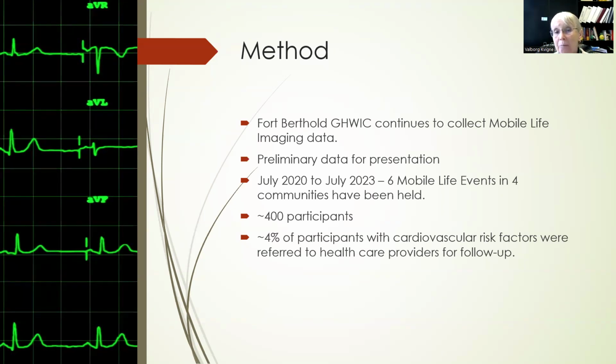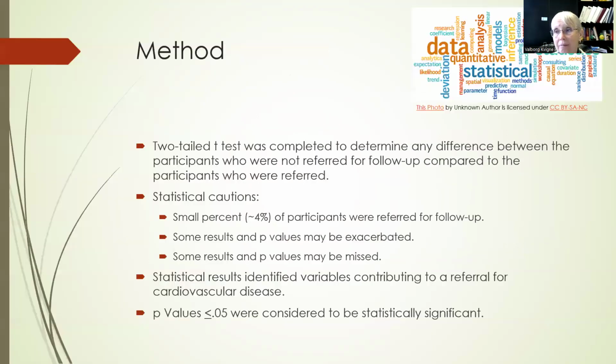The program had approximately 400 participants, of which approximately 4% of the participants with cardiovascular risk factors were referred for follow-up with their primary healthcare provider. So we did a 2-tailed t-test to determine whether there is a difference between the participants who were not referred compared to the participants who were referred.